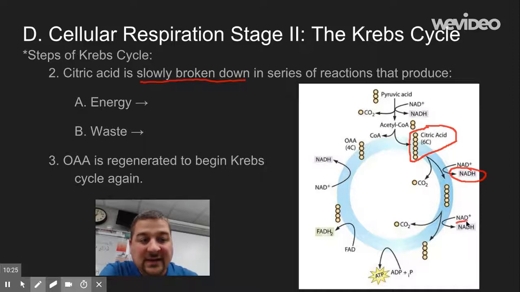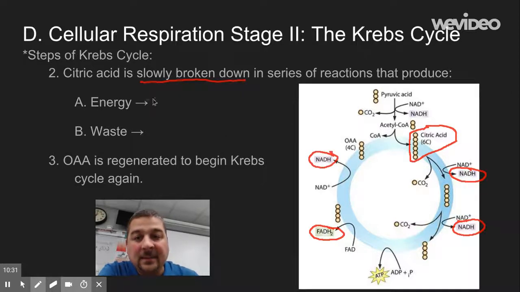The high energy electrons that come flying off are going to be caught as NADH and FADH2. Okay, NAD and FAD are going to pick up these electrons, and we're going to end up taking them to the electron transport chain, which we'll talk about in the next video.